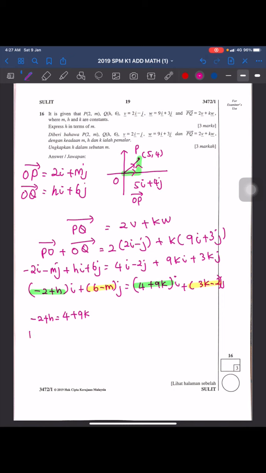Saya ada h minus 9k is equals to 4 plus 2 is 6. So this is the first equation. Untuk j pula, saya ada 6 minus m equals to 3k minus 2. 6 plus 2, 8, equals 3k plus m.